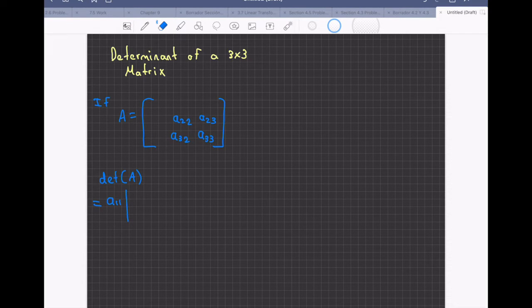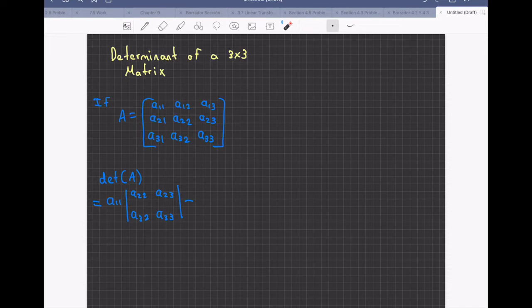So what is left? That matrix, you see, A22, A23, A32, and A33. So this is what I have to put here: A22, A23, A32, and A33. Minus.